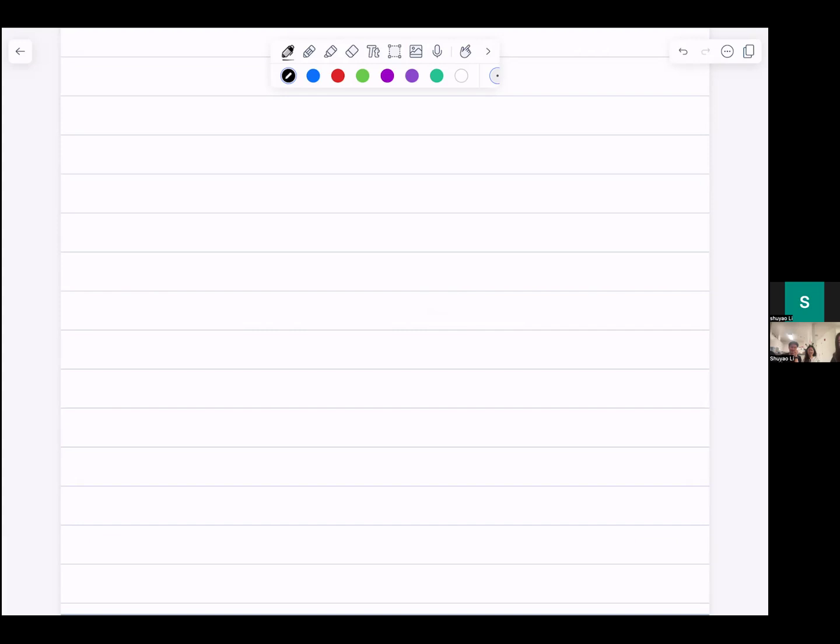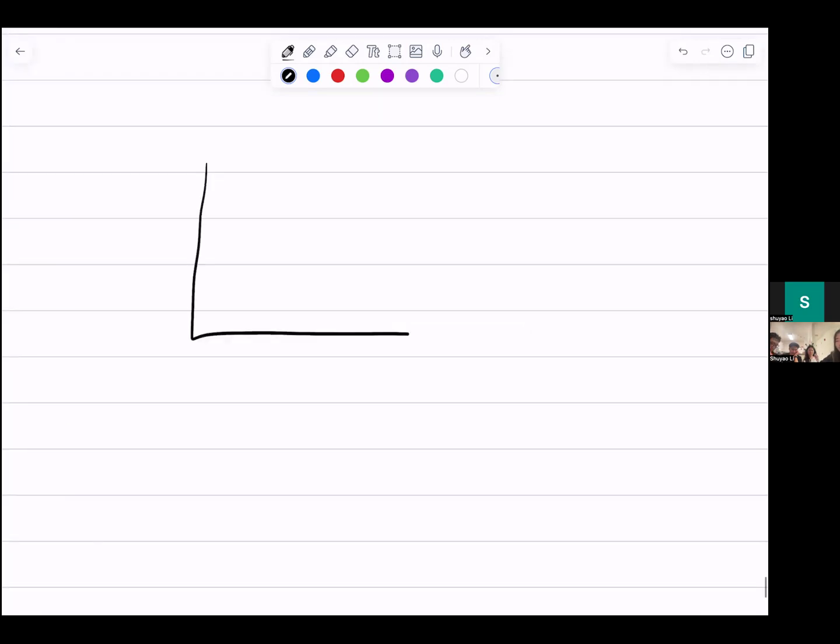Okay. Anyways, we can use the method of direct integration usually if we're given a graph. So for example, let's say we have a graph that looks like this. This will also be helpful to understand horizontal and vertical slicing.